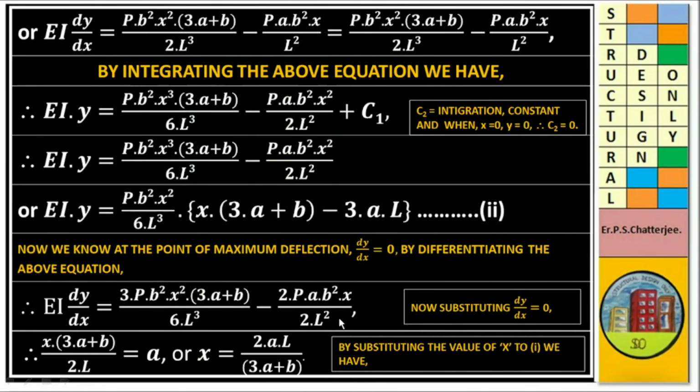Now, by substituting dy/dx is equal to 0, we have x into 3A plus B by 12 is equal to A, or x is equal to 2 into A into L divided by thrice A plus B.